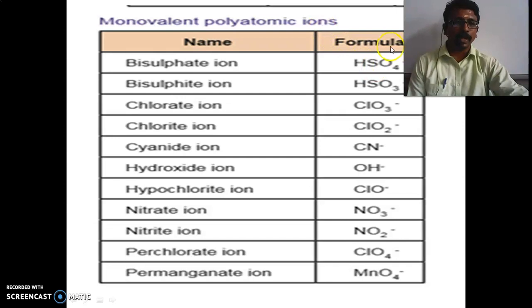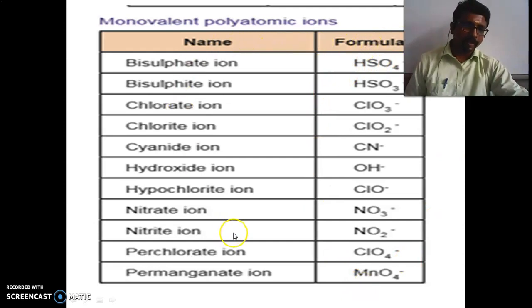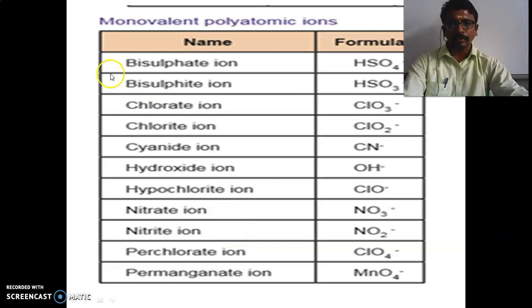The valency is 1 and they are polyatomic ions. There are some formulas. First is the bisulfate ion. The formula is HSO4-.